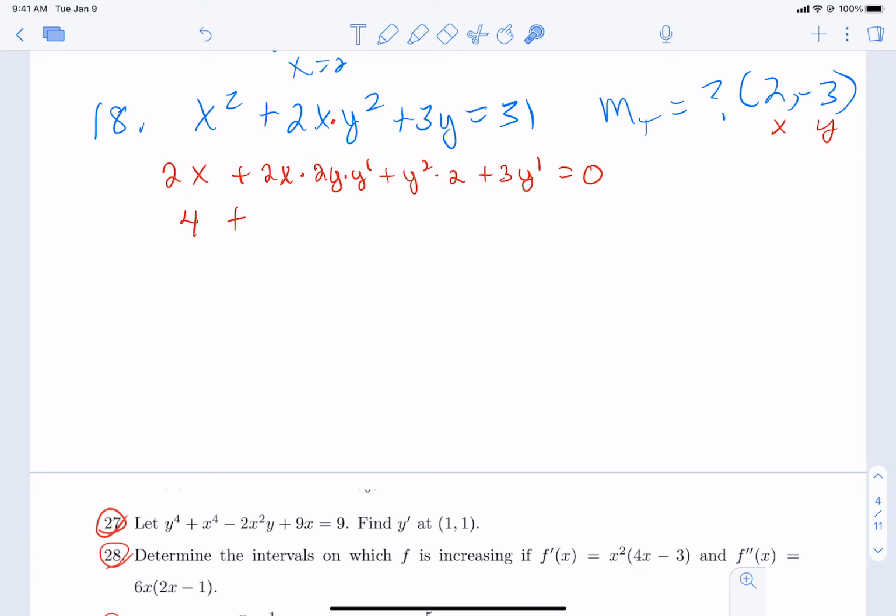Now, this is going to be 2 times 2 times 2 times -3. That's going to be 8 times -3, or -24. This is going to be -3 squared, which is 9. 9 times 2 is 18.